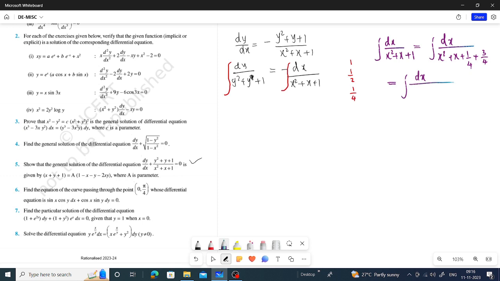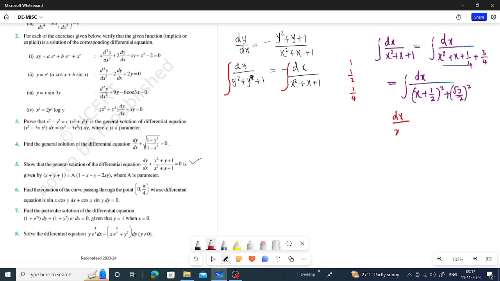Dx by, and these three terms together will be x plus 1 by 2 whole square, and the remaining can be written as root 3 by 2 the whole square. So it is in the standard form, dx divided by x square plus a square.